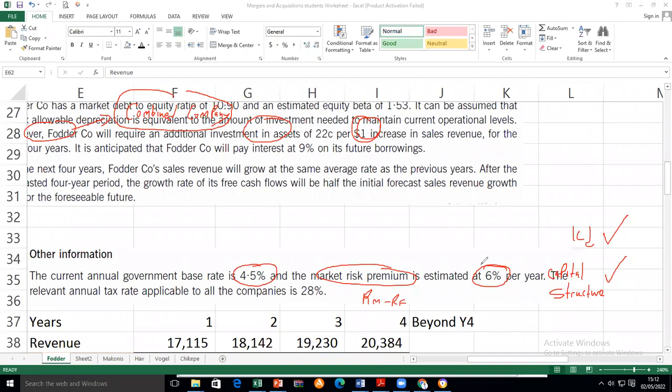So these parameters were given. All these were pointing to the fact that what model are we supposed to use? CAPM. Yes. And in the CAPM, certain things are very obvious in the question.